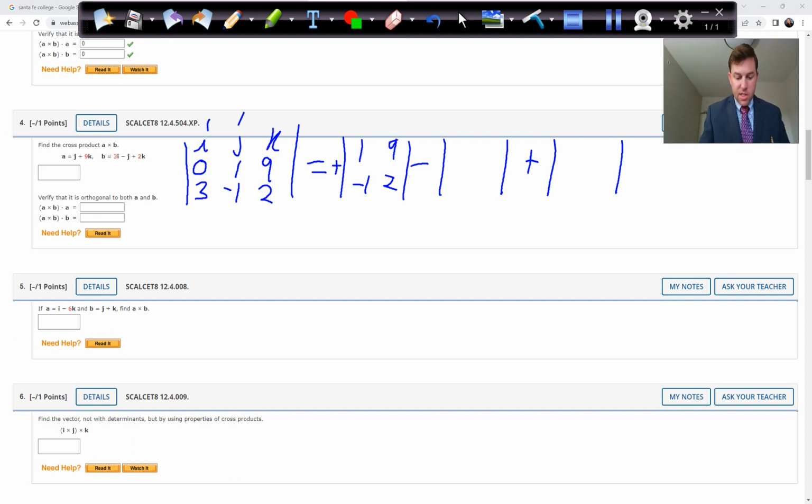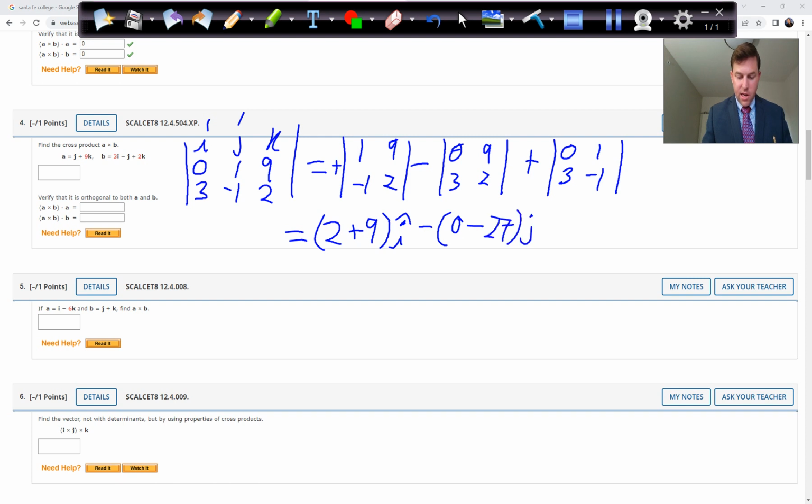Now imagine covering up the second column. You would be left with the 0, the 9, the 3, and the 2. Now imagine covering up the third column. You'd be left with the 0, the 1, the 3, and the minus 1. So this is going to equal 2 plus 9, and that's in front of the i component, minus 0 times 2, which is 0, minus 9 times 3, which is 27, that's in front of the j, plus 0 times minus 1 is 0, minus 1 times 3, which is minus 3 in the k direction.